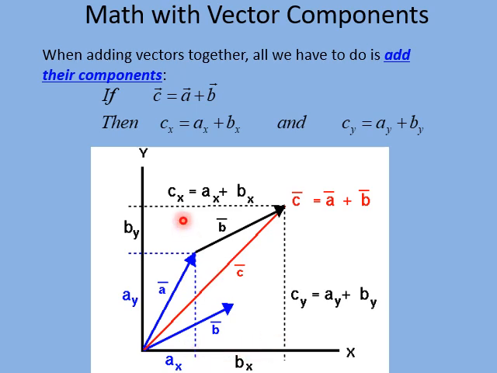So our x component of the resultant vector is found by simply adding the two x components from A and B together. Likewise, for the y component of vector C, all we have to do is add the two numbers for the respective y components of the vectors A and B. So let's do some examples that will help clarify this, and you'll see how simple this actually is.